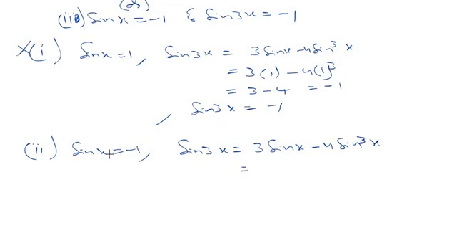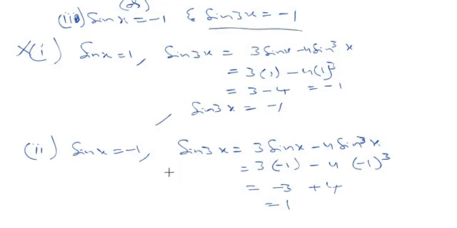Let us substitute sin x as -1. It is 3 times -1 minus 4 times (-1) whole cube. It is -3 plus 4, it is 1. So sin 3x we got 1, but we want sin 3x to be -1. So the second case also failed to exist.